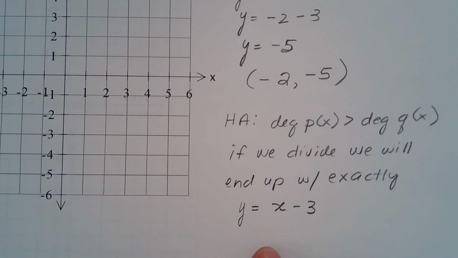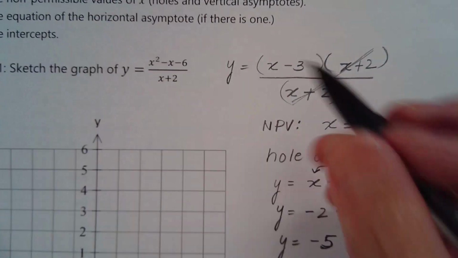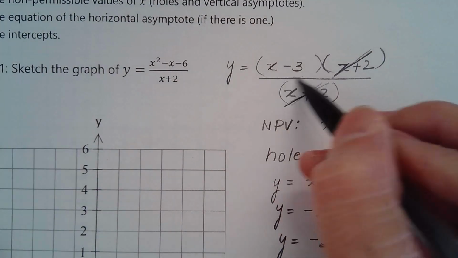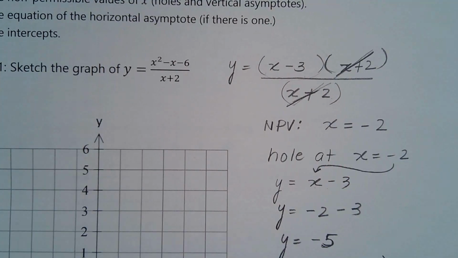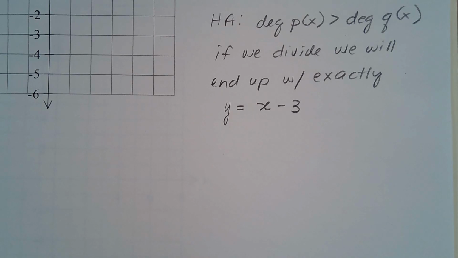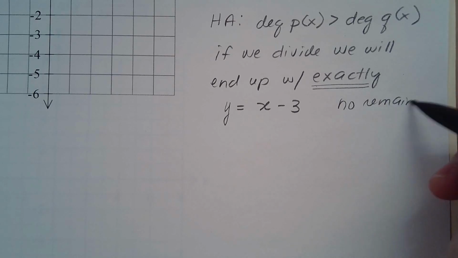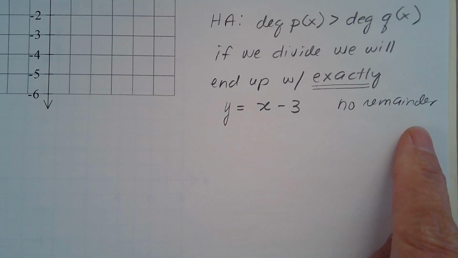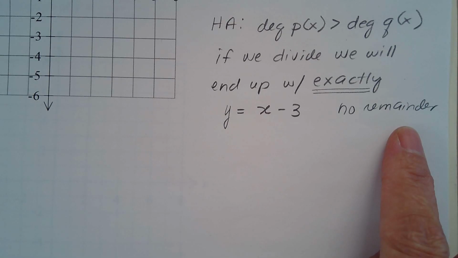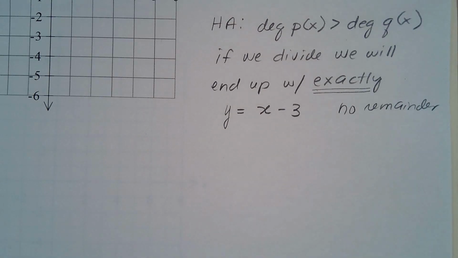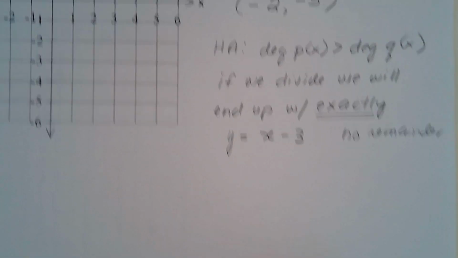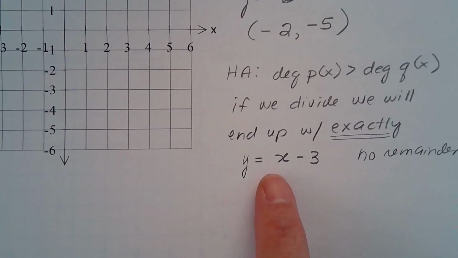We already know that they cancel out, so the only thing left is x minus 3, with no remainder. So we end up with the exact oblique line, with a hole. The oblique line is x minus 3.